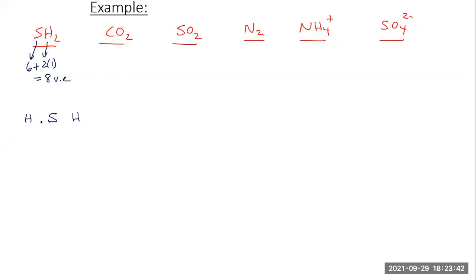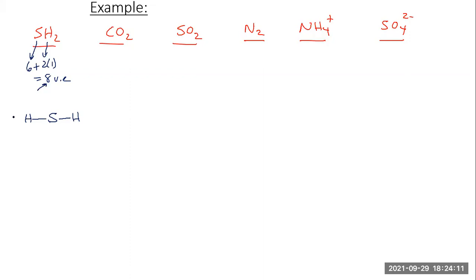Following the same patterns, we do a single bond from the center to each of the outside atoms. That is 4 electrons used. I then have 4 more electrons to put in. I am going to put those on the outside ones first, and hopefully nobody put any dots on the hydrogens. They are completely full at this point. Remember, hydrogen should not have any dots.